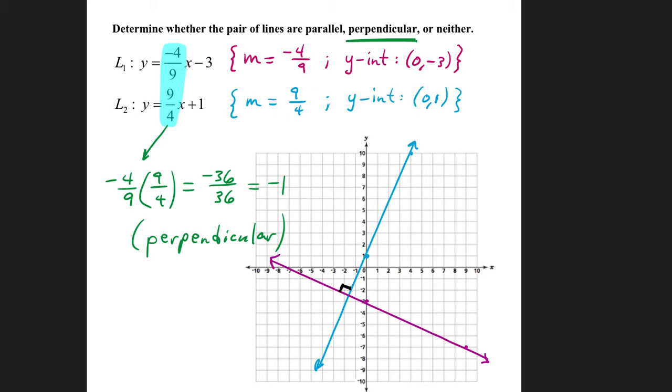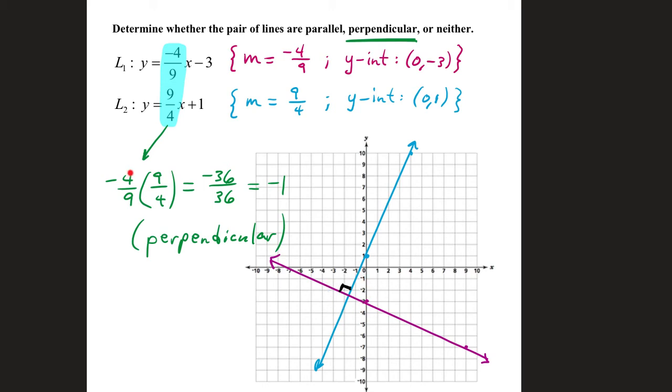Just by visualizing the slopes in the equations, negative 4 ninths is not equal to 9 fourths, so there's no way these are parallel. Plus, you can just look at your two lines and you can tell they're not parallel. They are, in fact, perpendicular. That means they intersect at a 90-degree angle.